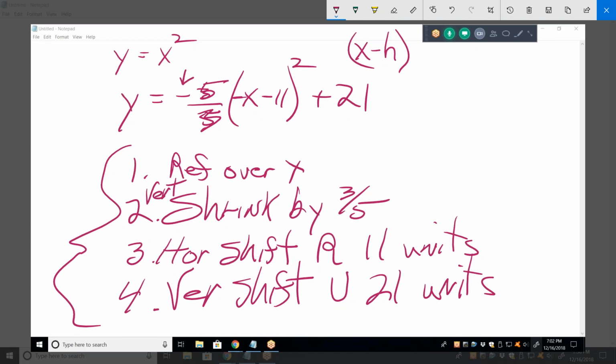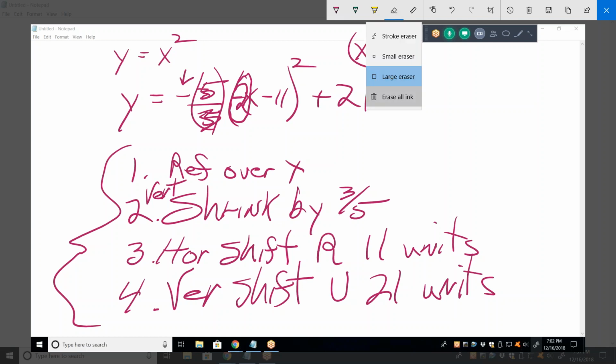Numbers over 1 are stretches, numbers between 0 and 1 are shrinks, unless it's horizontal, and then it's the reverse. If I've got a minus 2x in the parentheses, then first of all, it's a reflection over y, and a horizontal shrink by a factor of 2.